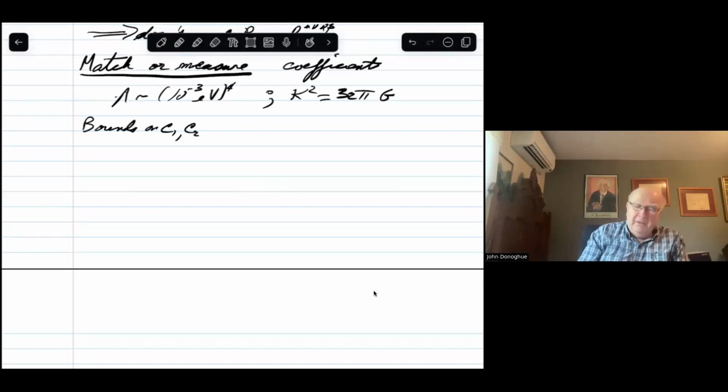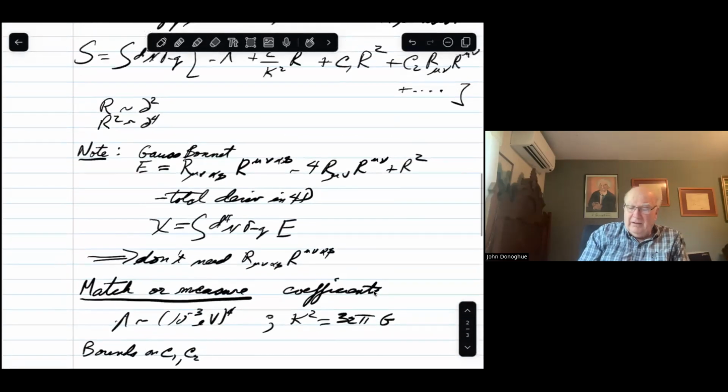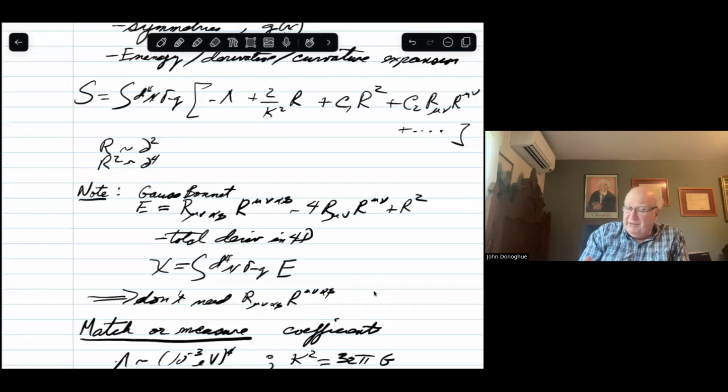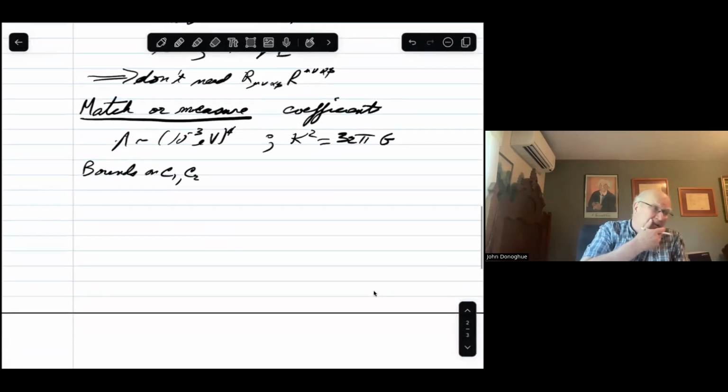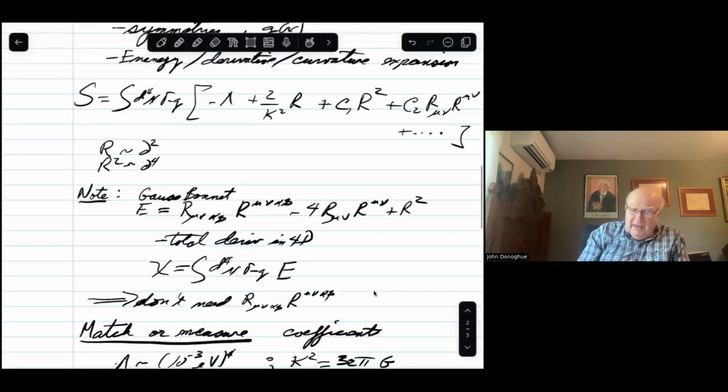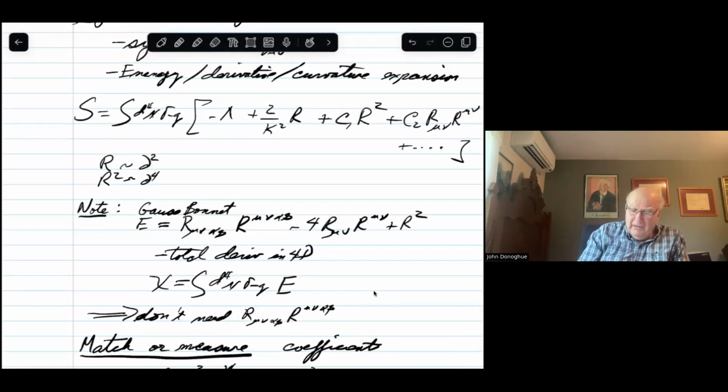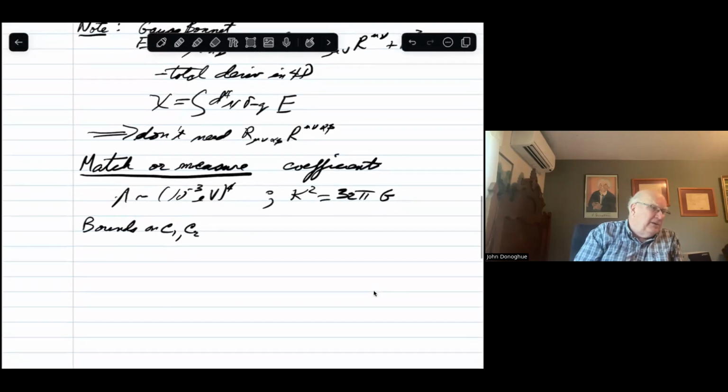Okay, they are higher curvature. We live in a low curvature world. We don't see these terms very much. But if those coefficients were enormous, we could in principle see them. And here's one way that you can see them. They are of order 4 derivatives.